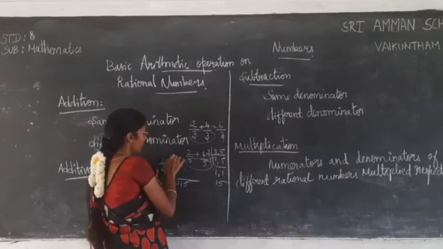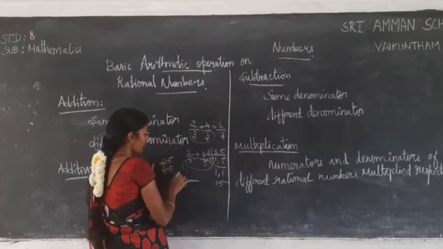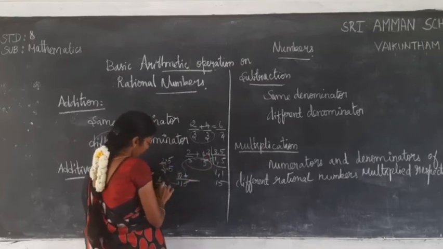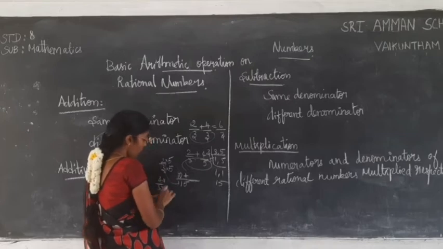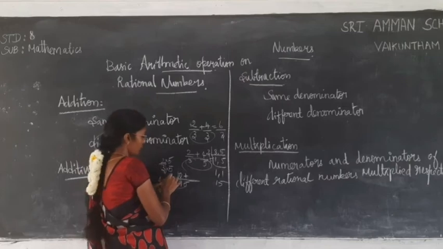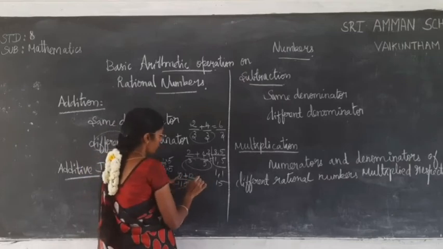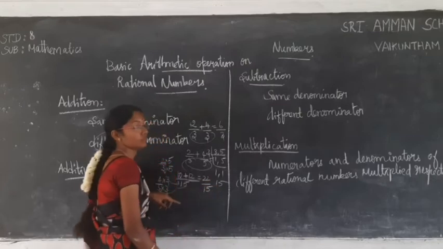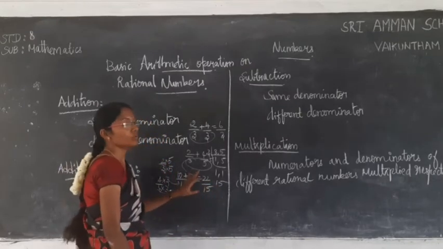So the same number to be multiplied with 2. 5 2s are 10, plus 4 by 5. 5 3s are 15, so 3 is the multiplier. The same number is to be multiplied on the numerator also. 4 3s are 12. So the answer is 10 plus 12, 22 divided by 15.